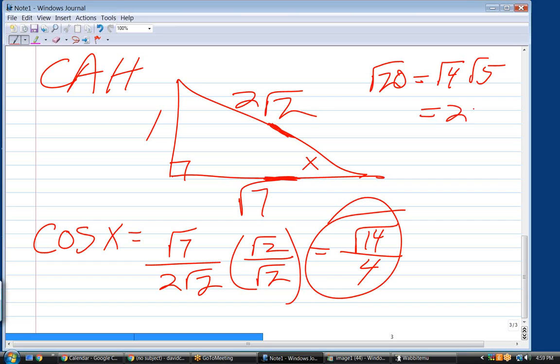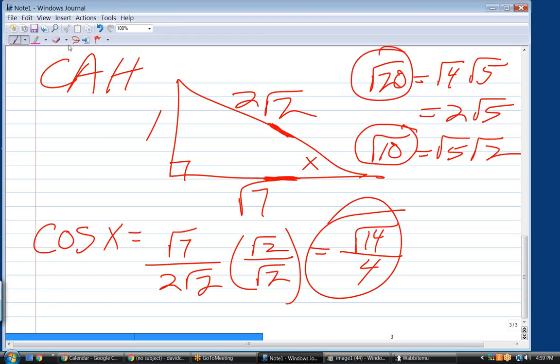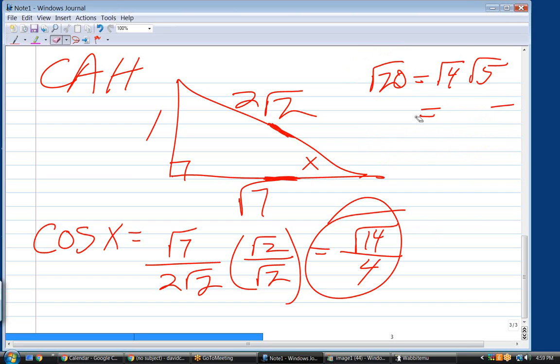So square root of 20 becomes 2 root 5. I cannot simplify square root of 10 because the only factors of that are 5 and 2, none of which are perfect squares. So this is simplified, that is not. So it all depends on the number and whether or not you can find a factor that is a perfect square number.